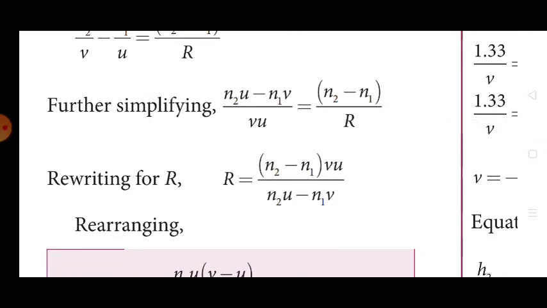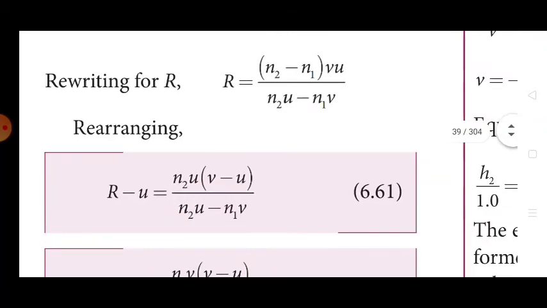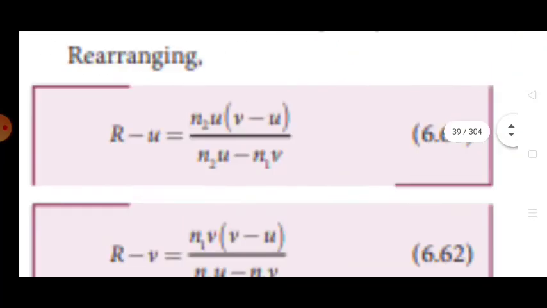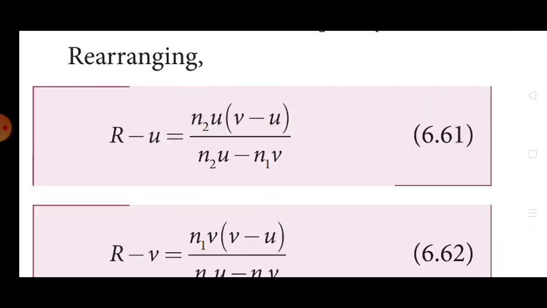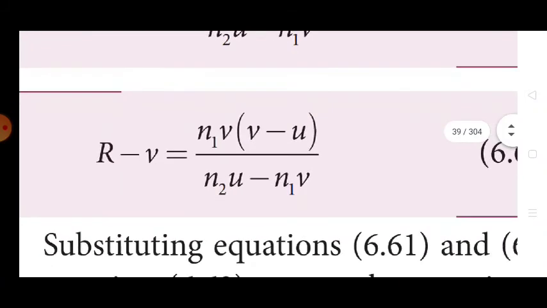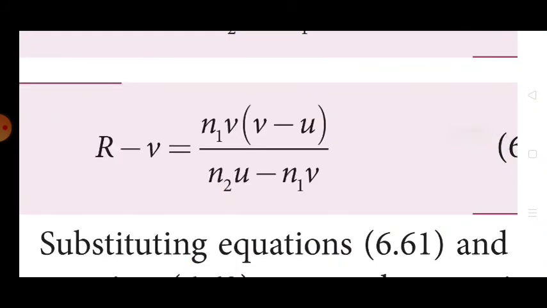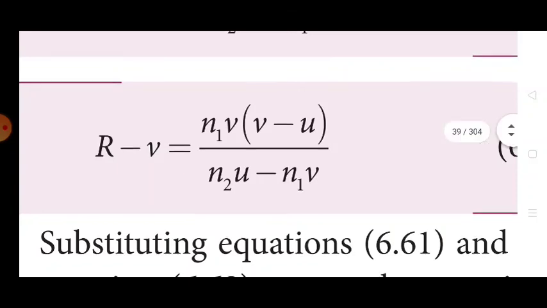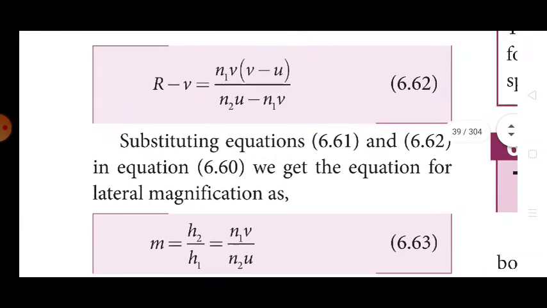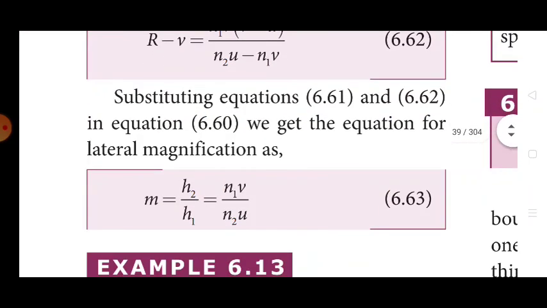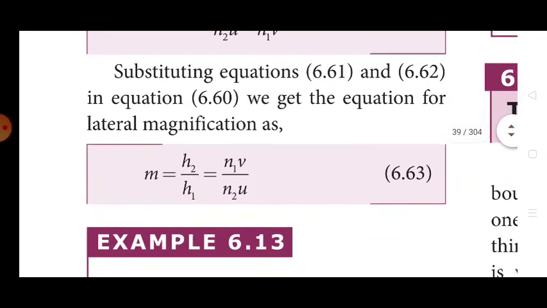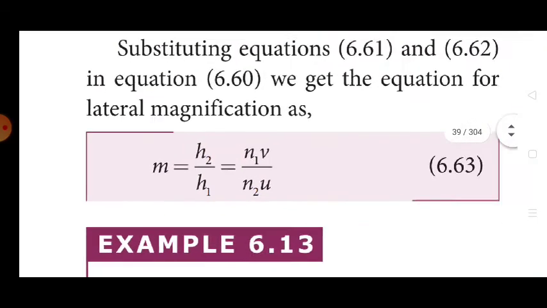Rearranging, we will get R minus u is equal to n2u(v minus u) by (n2u minus n1v). So R minus v is equal to n1v into (v minus u) by (n2u minus n1v). So substituting equations 6.61 and 6.62 in equation 6.60, we will get the lateral magnification m is equal to h2 by h1 is equal to n1v by n2u.